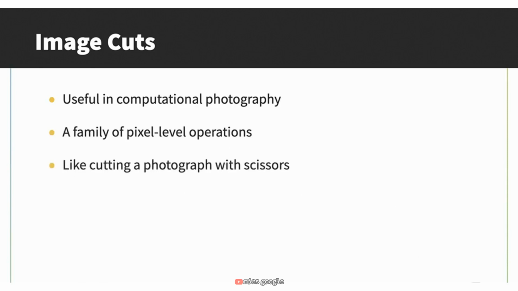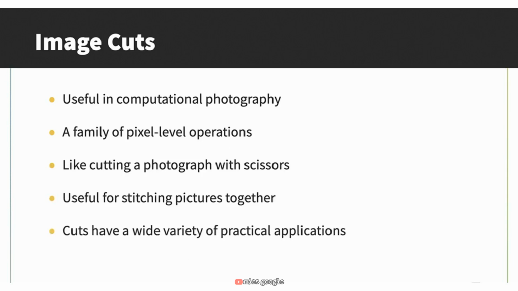It's just like cutting a printed photograph with scissors. Cuts are useful for stitching pictures together, as we'll see shortly. But cuts have a wide variety of other applications, like seam carving, for example, which is a technique for resizing images by adding or removing pixels with the same type of cuts you are about to see.